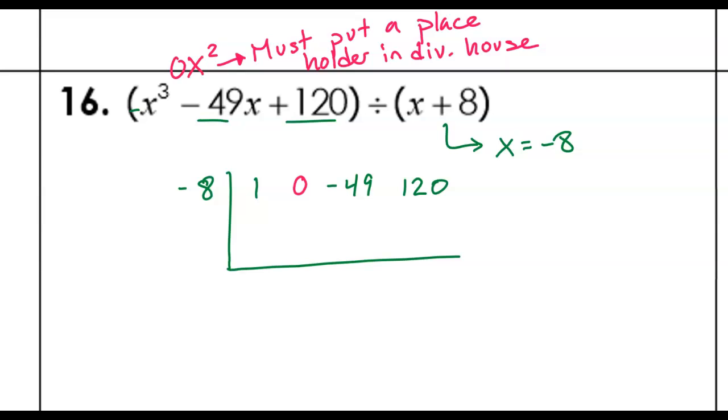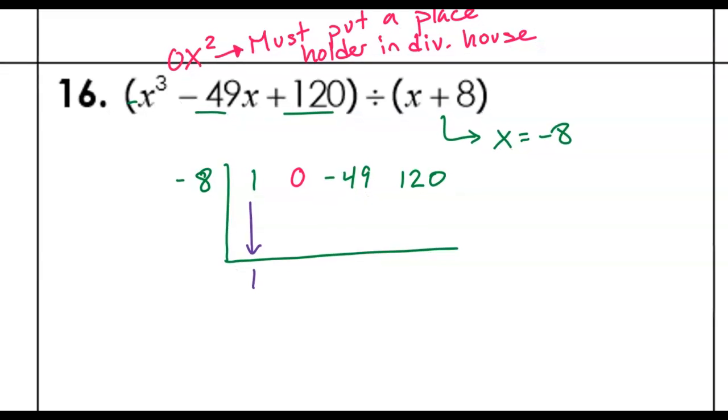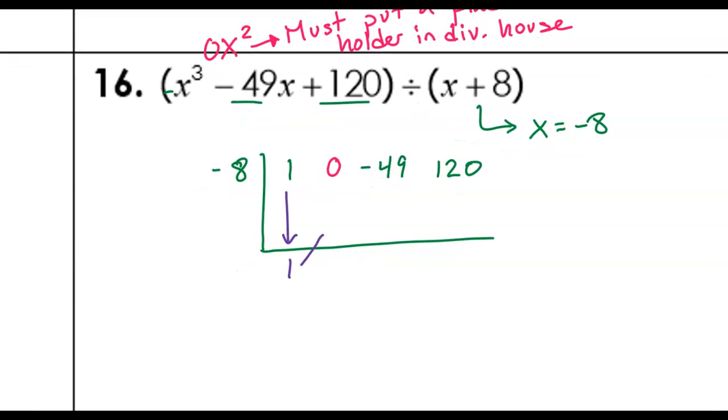So now it's exactly like it was before. I bring down my first number, 1. I multiply negative 8 times 1, and I get negative 8. I add inside my division house. 0 plus negative 8 is negative 8. And I multiply negative 8 times negative 8, and I get 64. And then I add negative 49 plus 64. So what is that? 15.